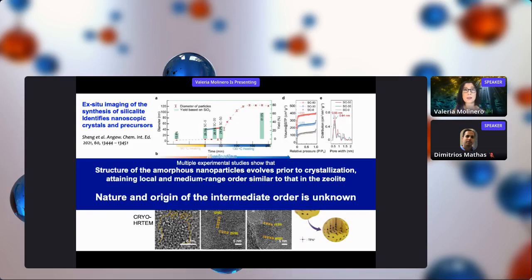Now, this is sort of strange because the formation of zeolite is a crystallization and it's a first-order transition. So what's happening in these transformations? At this point, the nature and the origin of this intermediate order is not known.